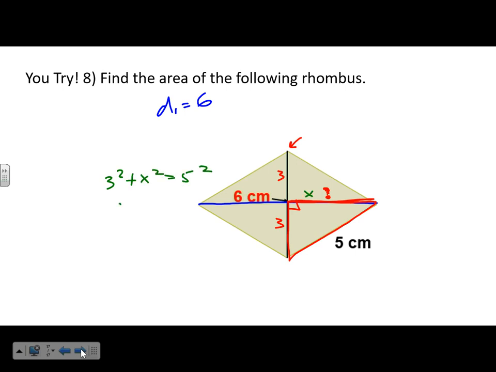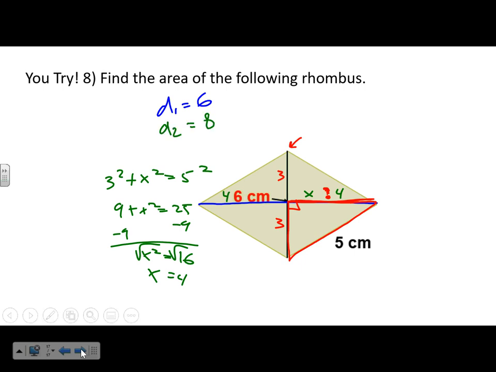So it's 9 plus x squared is equal to 25. Subtract 9. x squared is equal to 16. Square root, x is equal to 4. So this side is 4, then this side also has to be 4. So the second diagonal is 8, 4 and 4. And like I said, now the equation is pretty easy. 1/2 times 6 times 8. So that ends up being 24 centimeters squared.